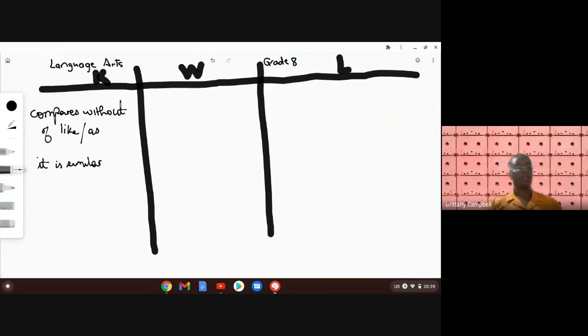It is similar to simile, as they both compare, all right? Anything else? An example, go ahead and share the example.